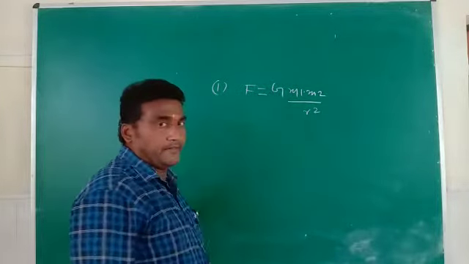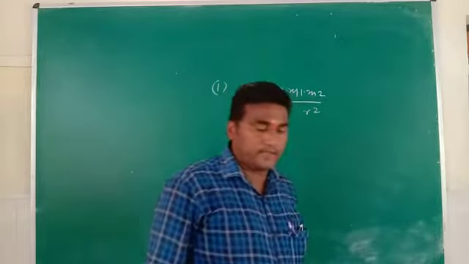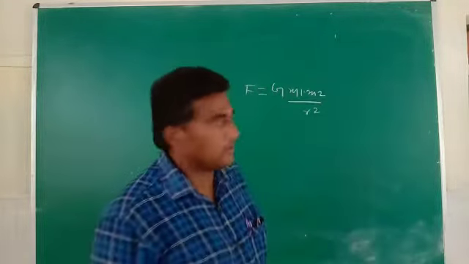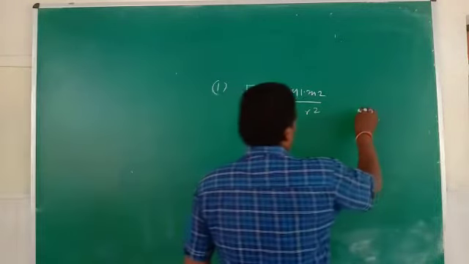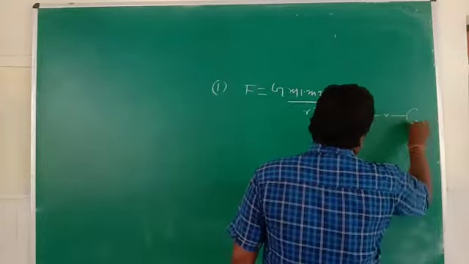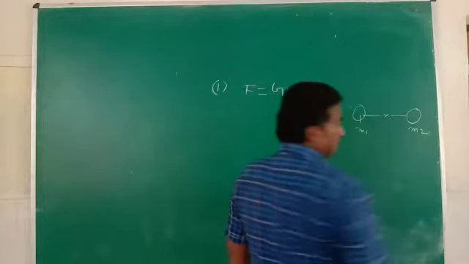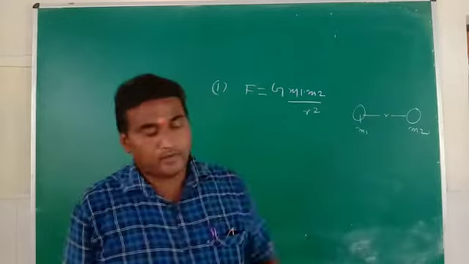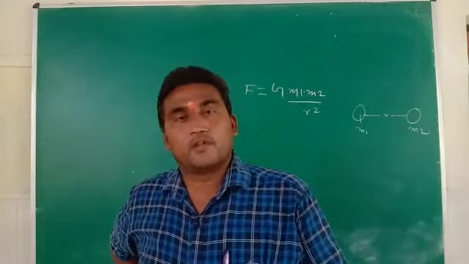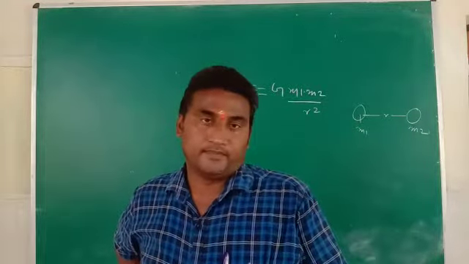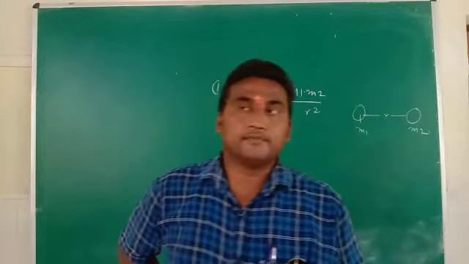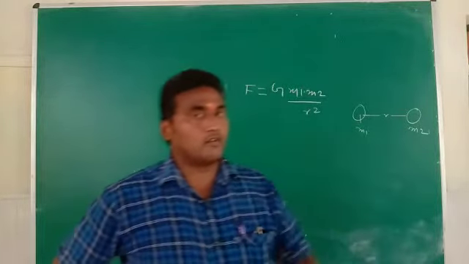F is the applied gravitational force, capital G is the gravitational constant, m1 and m2 are the masses of the two bodies, and small r is the distance between the two bodies. According to Newton's gravitational law, the applied force is directly proportional to the masses of the two bodies and inversely proportional to the square of the distance. F is equal to G m1 m2 by r square. Capital G is the gravitational constant.